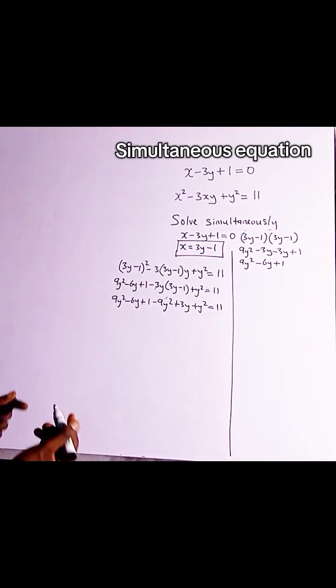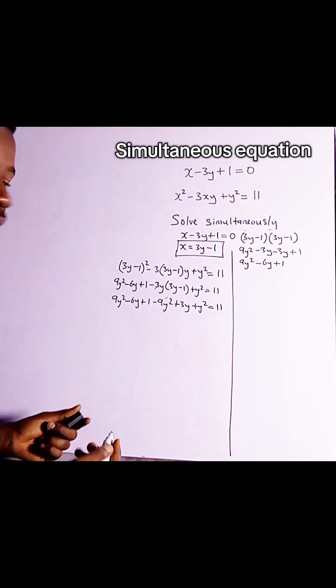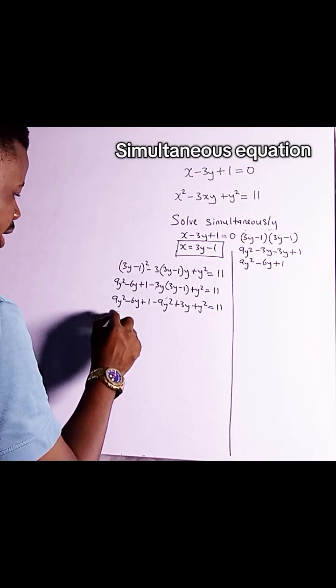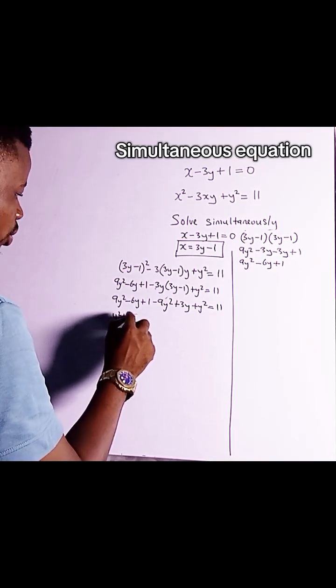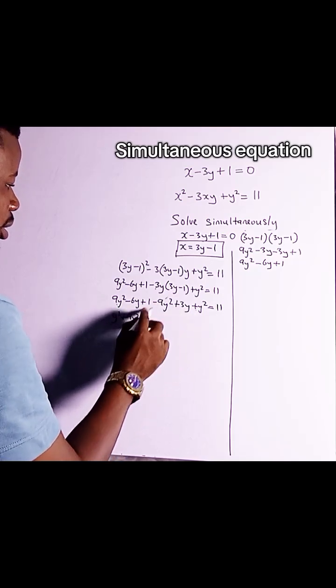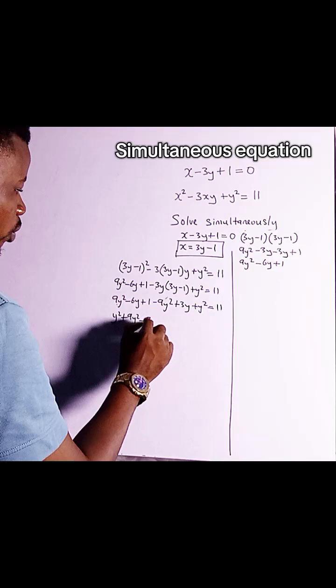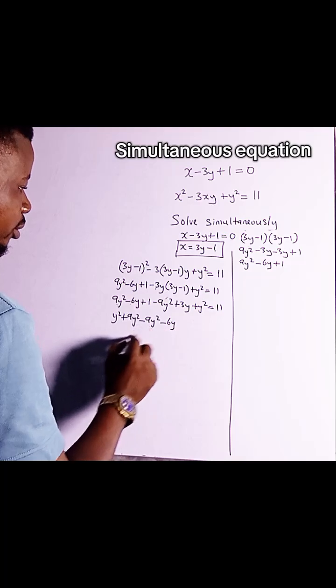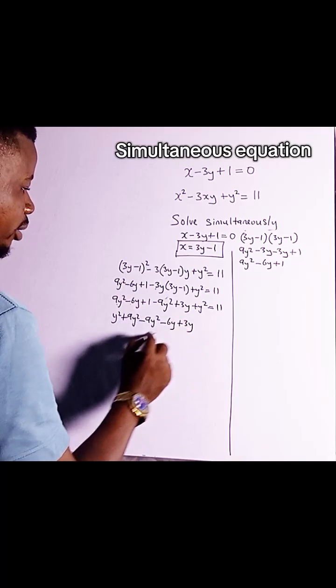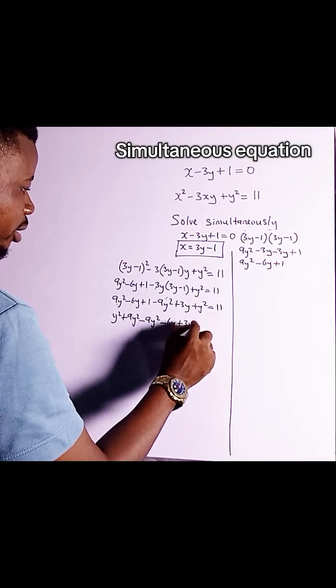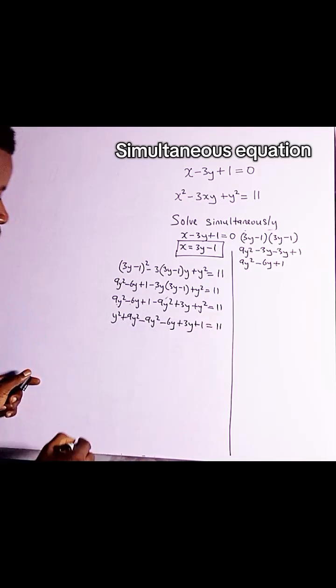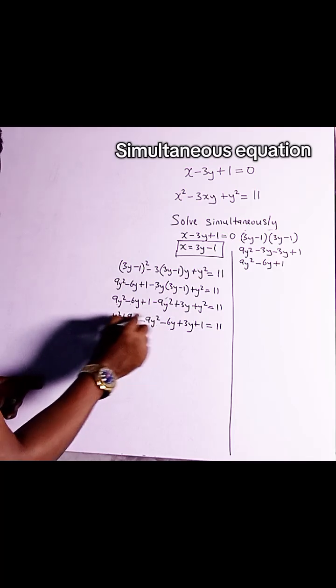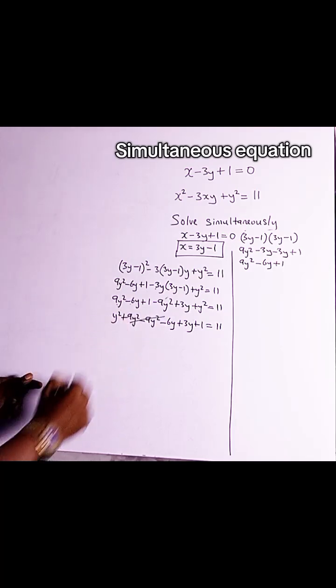Now let's simplify by adding and subtracting like terms. So we have y squared plus 9y squared, then minus 9y squared. Then we have minus 6y plus 3y plus 1 is equal to 11. Now if you notice, 9y squared minus 9y squared is 0.